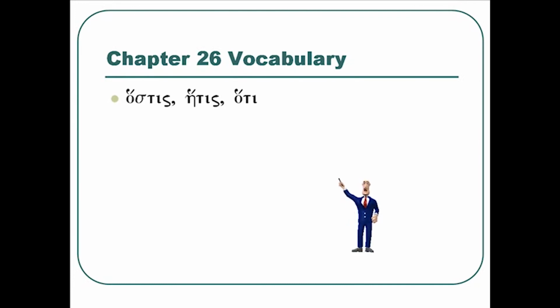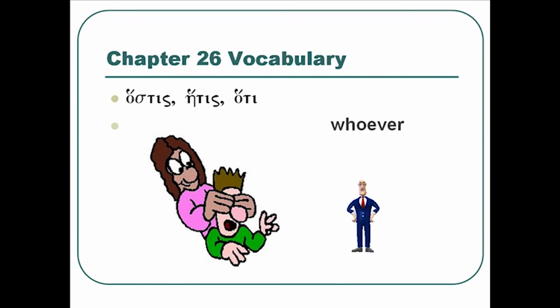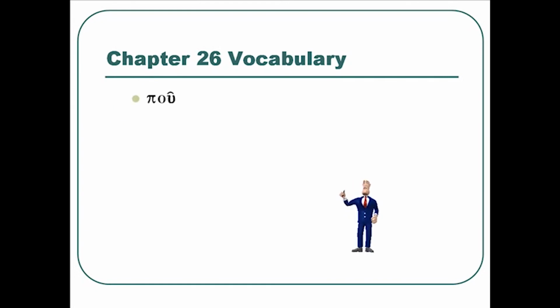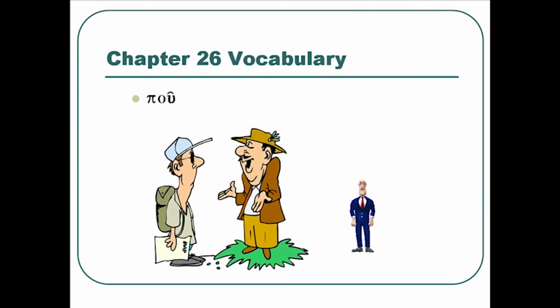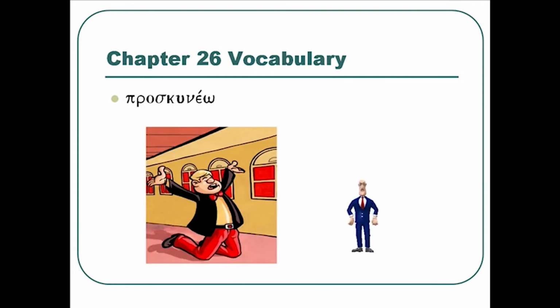The fifth word is hostis, hetis, hoti, and it means whoever or whatever. The sixth word is pou, and it means where. The seventh word is proskuneo, and it means I worship.